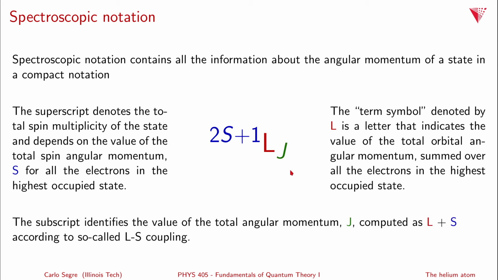And finally, the subscript J identifies the value of the total angular momentum J, where J is going to be L plus S, and we add those just like angular momenta, because this is intrinsic and this is orbital. It's according to what's called LS coupling. That's one of the coupling schemes that means you can couple spins and angular momenta to get a total angular momentum.